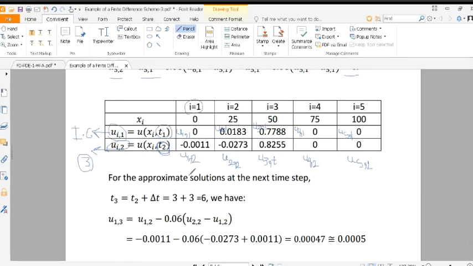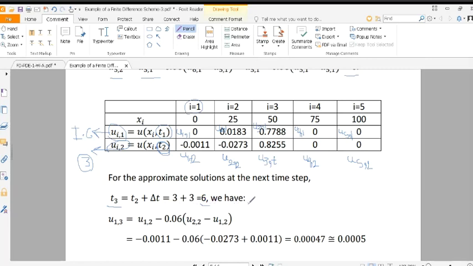For the approximate solution at the next time step, t3 equals t2 plus delta t, which is 3 plus 3, and the result is 6.